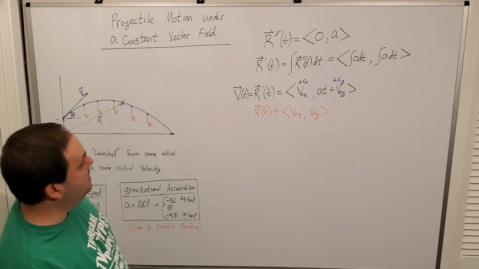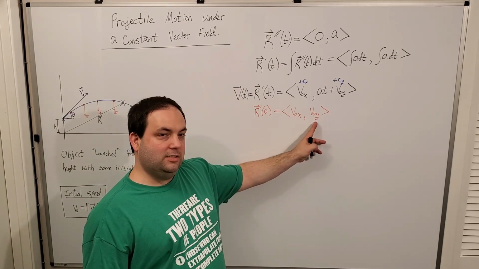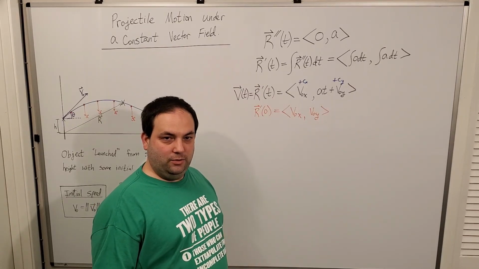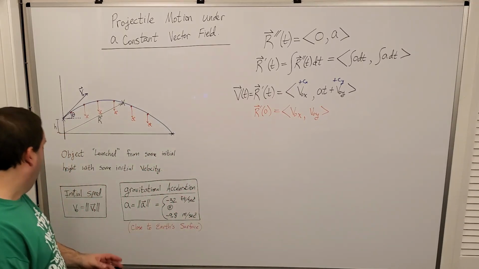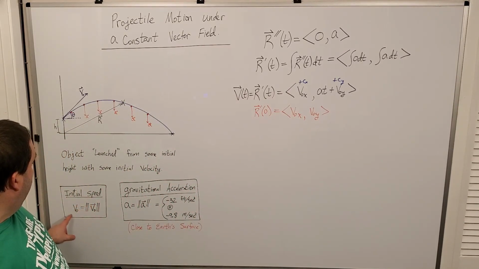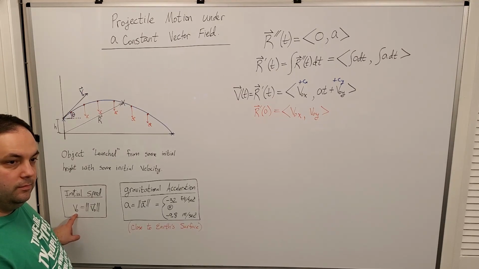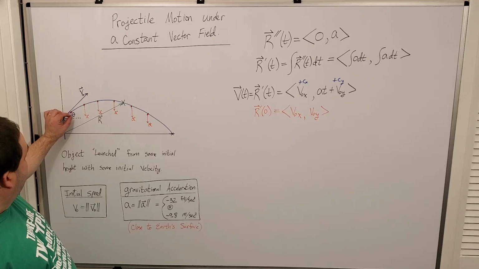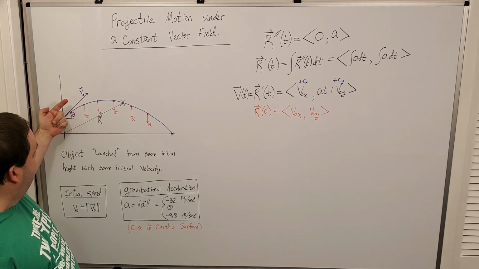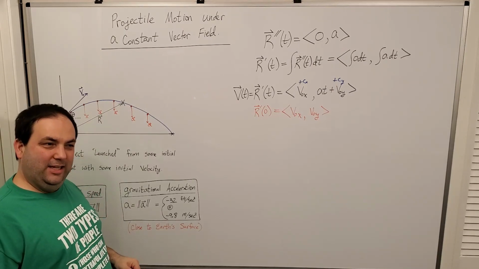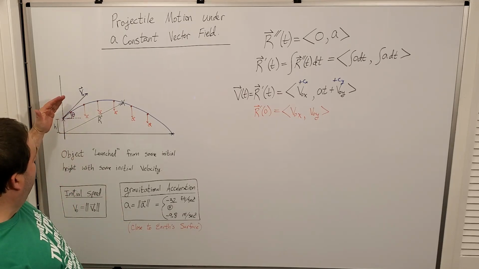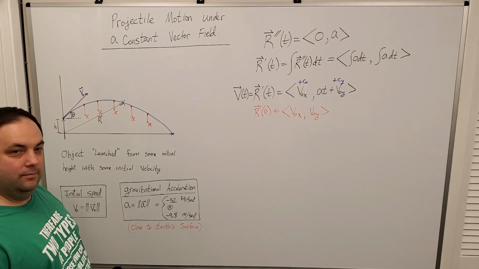So then what I really need is just some components of that original vector. Okay, well, I've already labeled the magnitude as this little v naught here. And I'm supposed to know an angle to which this particular velocity vector is directed at the very beginning.